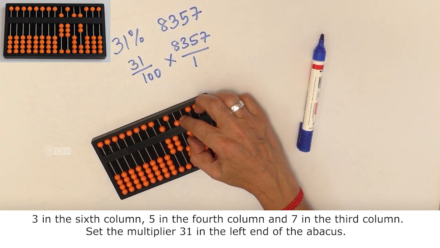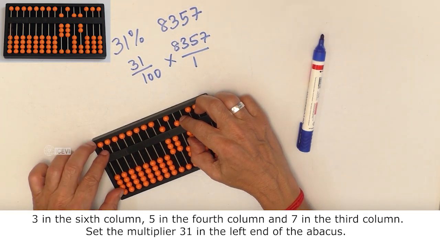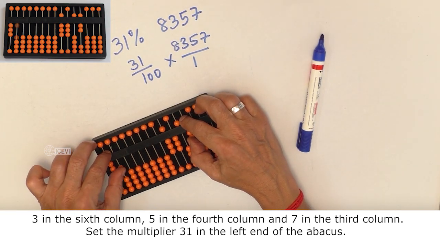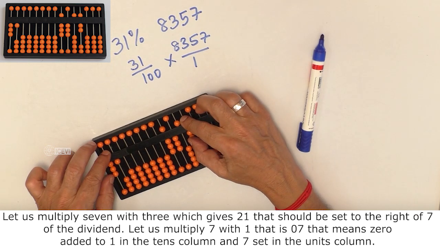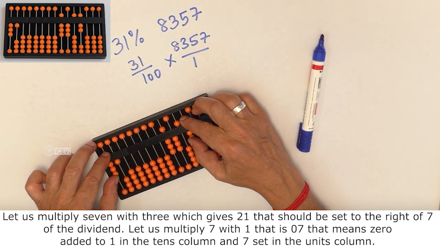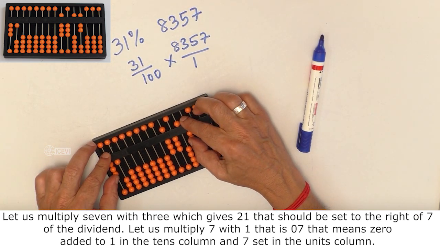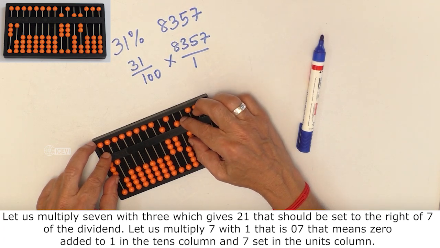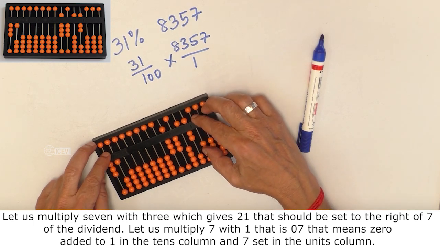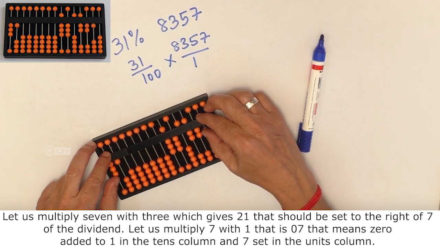Now set the multiplier 31 in the left end of the abacus. Let us multiply 7 with 3, which gives 21. That should be set to the right of the 7 in the dividend. That is 21.